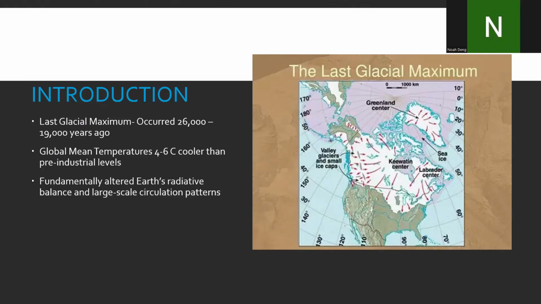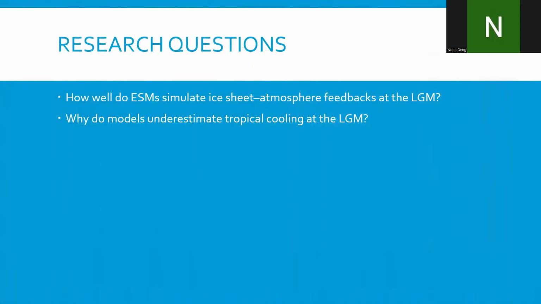However, simulations do not perfectly match proxy reconstructions, particularly in the tropical regions, where many models underestimate the magnitude of cooling. In this presentation, the questions I aim to ask are: how well do ESMs simulate ice sheet atmospheric feedbacks at the LGM, and why do models underestimate tropical cooling at the LGM?